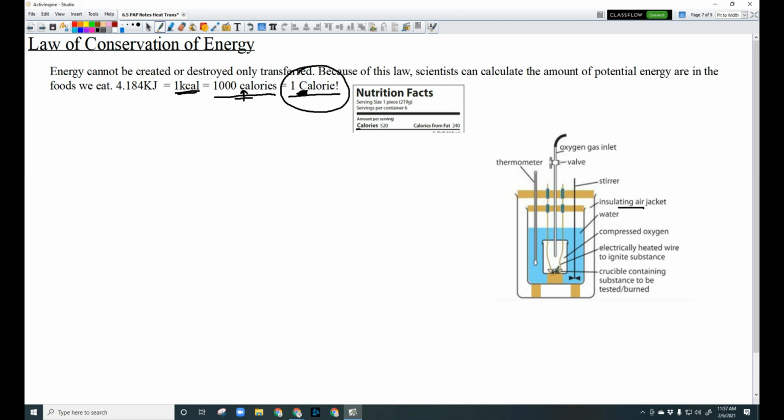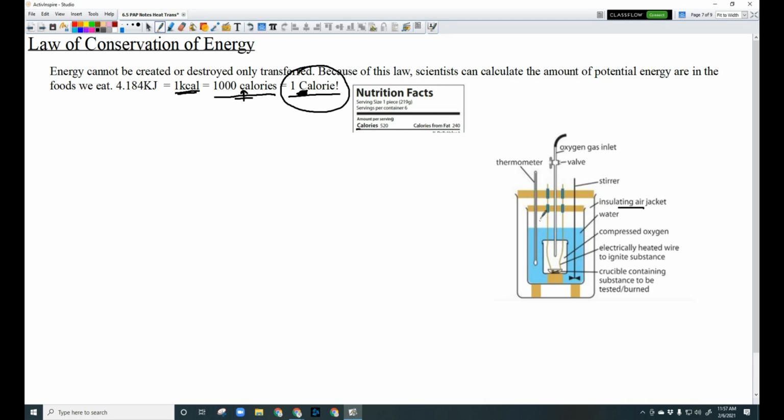As this food combusts, remember combustion is an exothermic reaction, so it's releasing heat, and this heat is absorbed by this water. It's the exact same amount of heat, because remember, the law of conservation of energy says that heat cannot be created or destroyed, only transferred. So this heat from the food burning is transferred to this water, and the water absorbs the exact same amount of heat that the food is giving off.